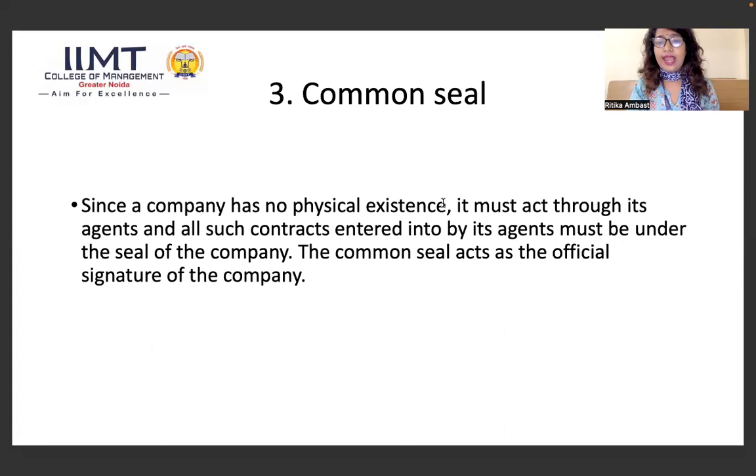The common seal acts as the official signature of the company. Because it does not have a physical existence, a company can't run on its own. It needs a natural person and it needs a common seal, the official signature of the company. The agent can use the official signature.